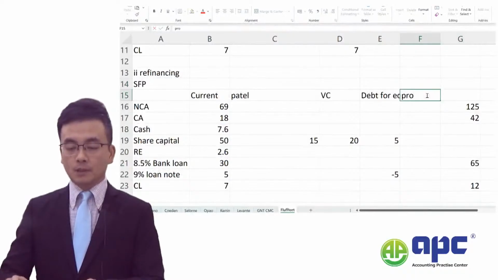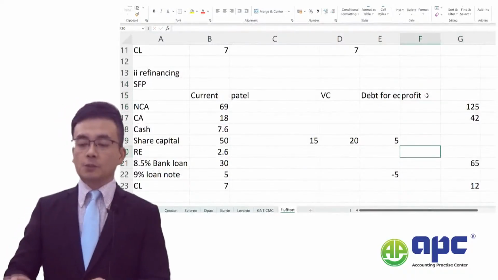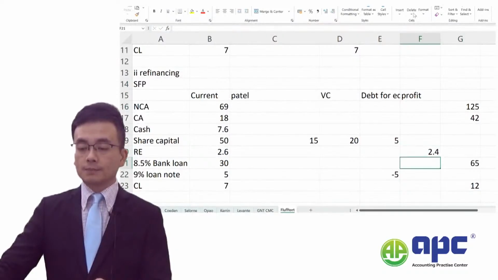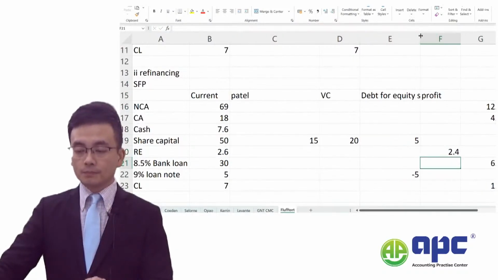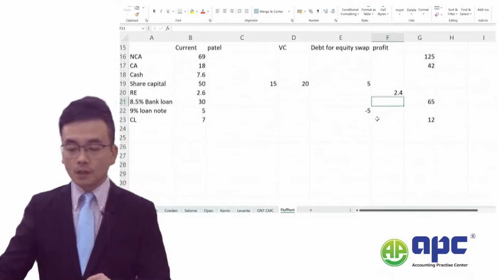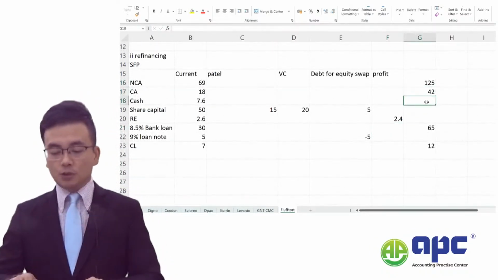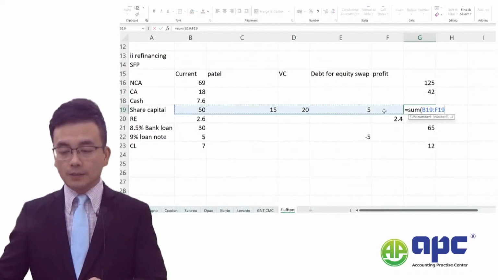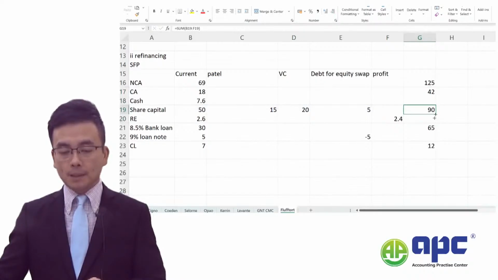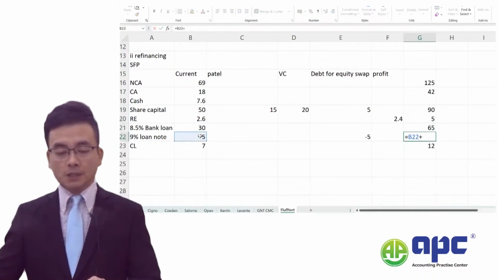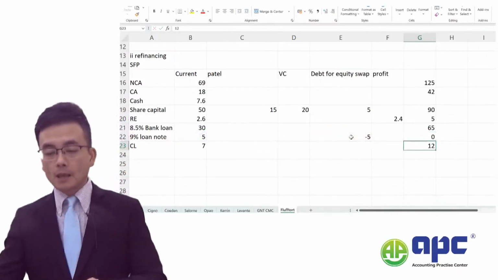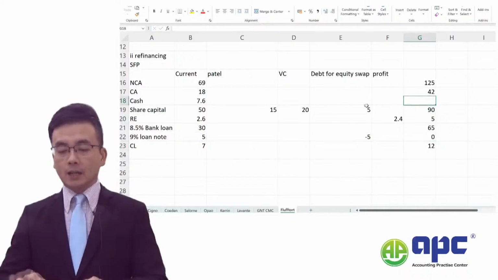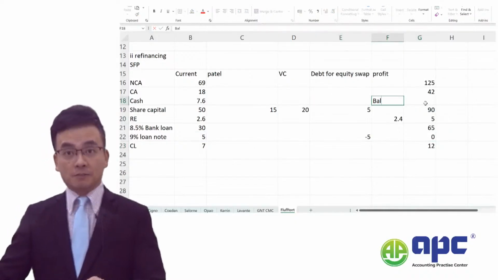Now, if you sum all of these, share capital and then retained earnings, using 5 plus minus 5, that would be naught. We can work out the cash balance as the balancing figure.